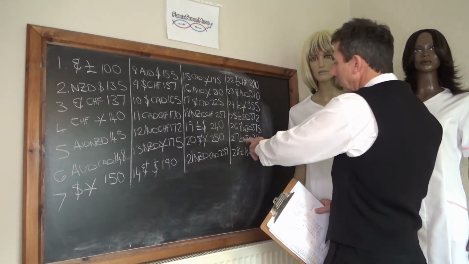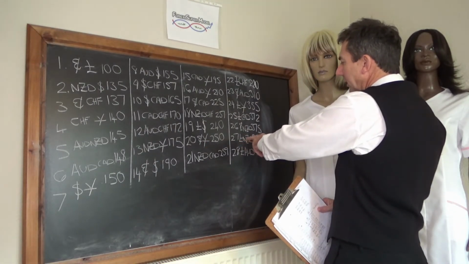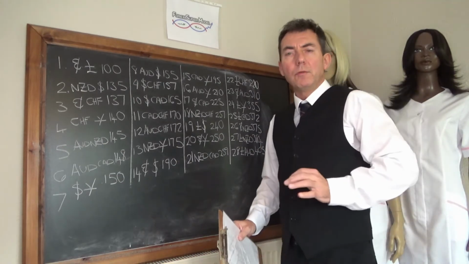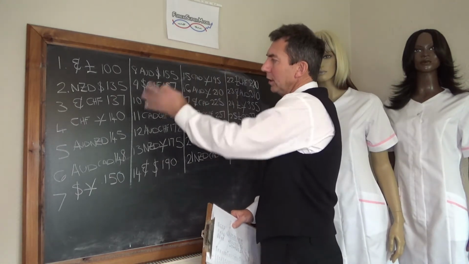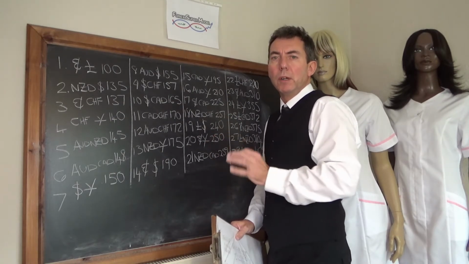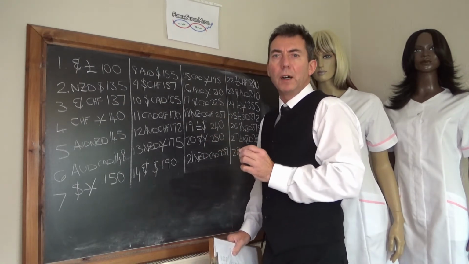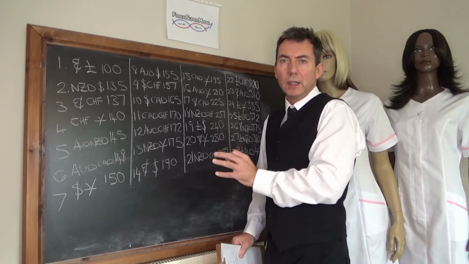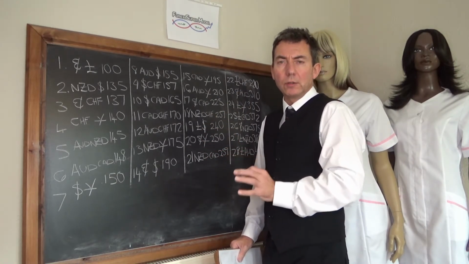So you've got the pound New Zealand dollar as number 27 at 384. Now you can argue the toss about whether these are correct or not, but we have developed these volatilities for our models, and they work in our context.